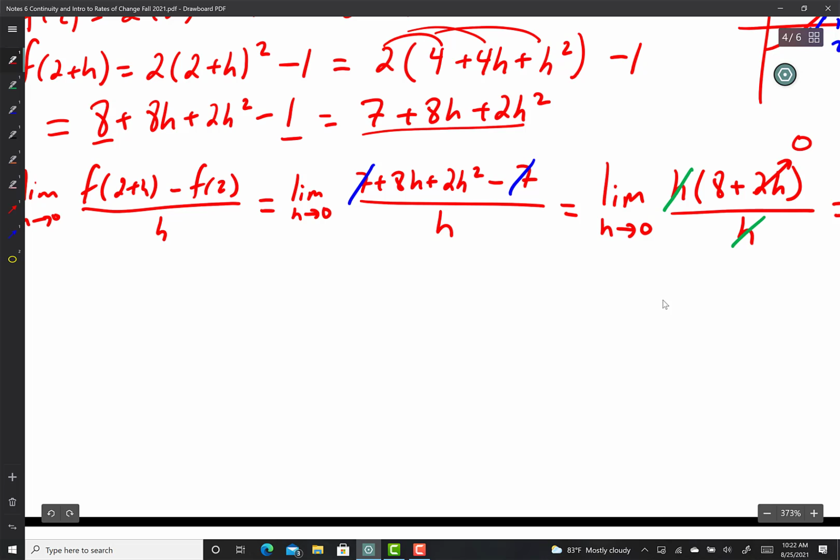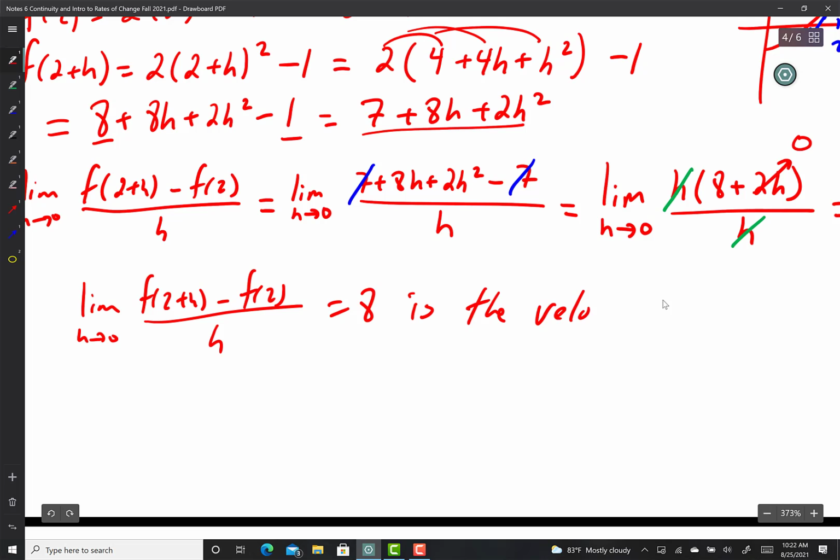Okay, so I'm going to write: limit as h approaches 0 of f of 2 plus h minus f of 2 over h equals 8 is the velocity in feet per second. I'm going to go ahead and write out the whole thing.